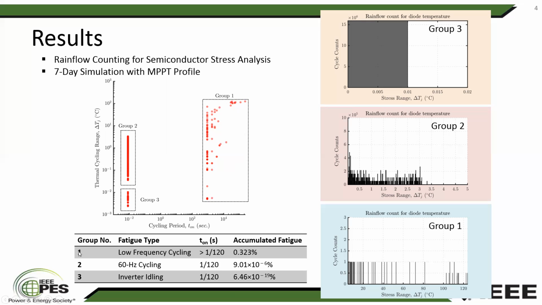So it can be seen that group 1 contributes most of the fatigue of the semiconductor. The other two groups contribute relatively small compared to group 1. So these three figures over here are showing the detailed results of how many cycles in each group.